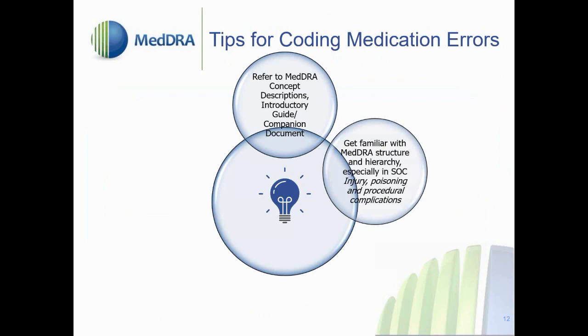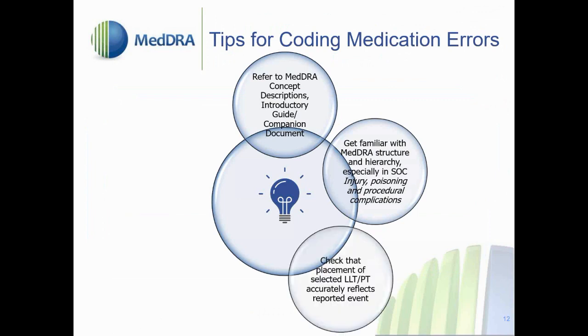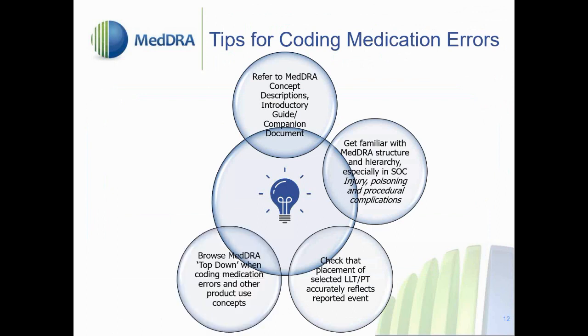You should always have good knowledge of the MedDRA structure and hierarchy, and for the area of medication errors and other product use issues, you should be very knowledgeable about the hierarchy in SOC injury, poisoning, and procedural complications.